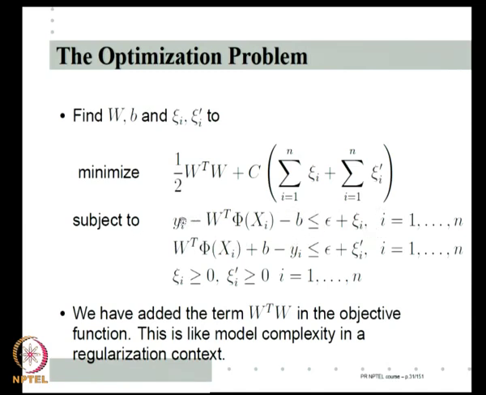Similarly, suppose this is positive. So, if y minus w transpose phi(x_i) minus b is strictly less than epsilon, then xi_i will be 0. So, once again, only one of alpha_i and alpha_i prime is greater than 0, as I said, for each i. In addition, not all alpha_i's or alpha_i primes will be positive.